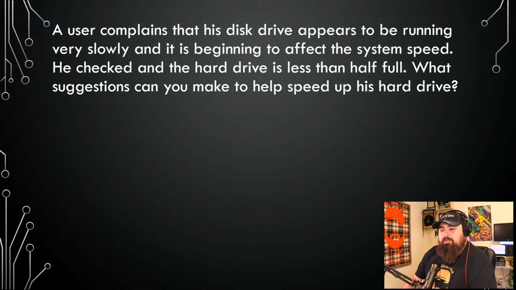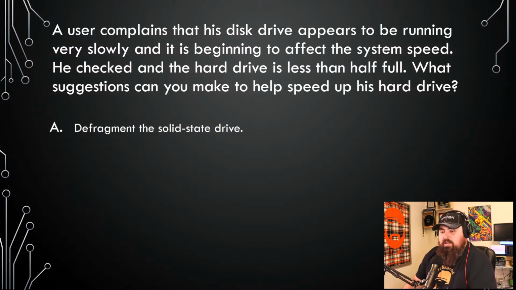A user complains that his disk drive appears to be running very slow and it's beginning to affect the system speed. He checked and the hard drive is less than half full. What suggestions can you make to help speed up the hard drive? A, defragment the solid state drive.